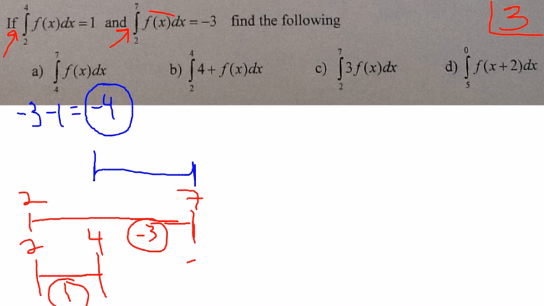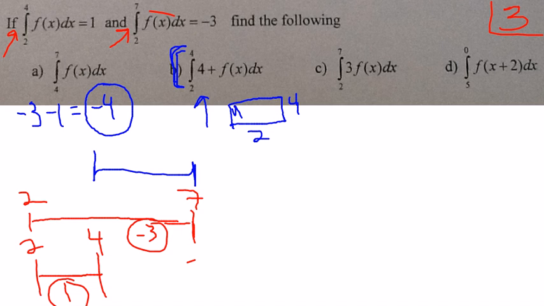Now, B asks for the integral from 2 to 4 of f of x plus 4. What that does is it takes f of x and moves it up 4 units, which adds a box underneath that is 4 units tall, and this is really not to scale, and it's 2 wide.